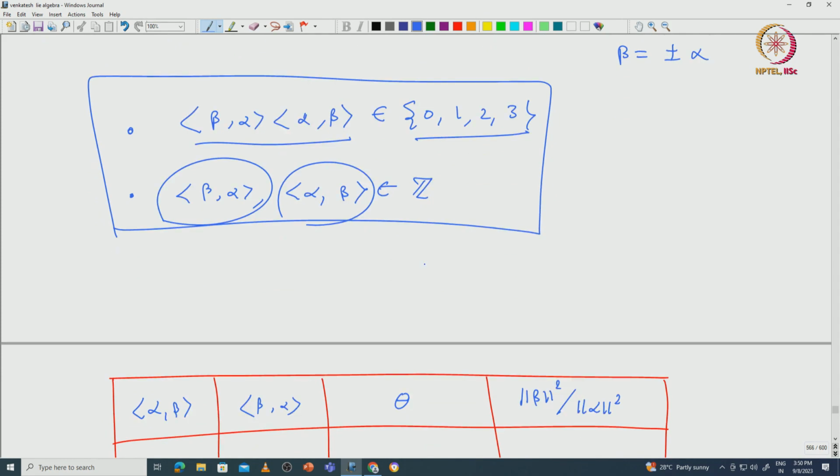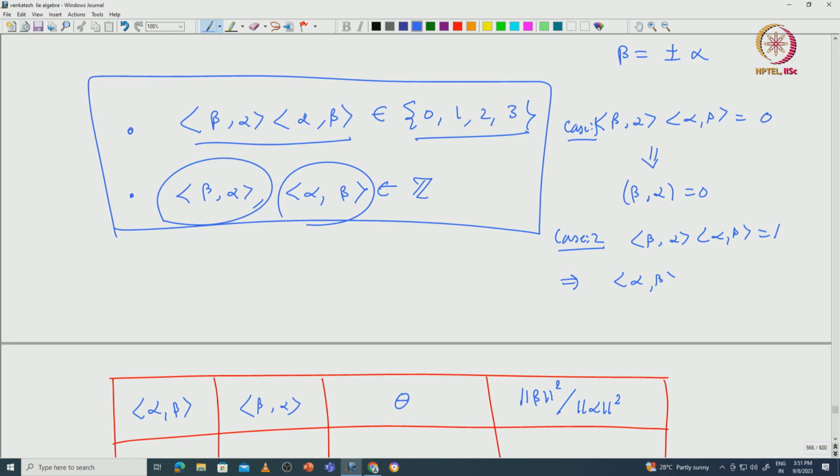Now you can see, for example, if beta alpha times alpha beta is equal to 0, then this forces the inner product beta alpha to be 0. So this is case 1. What will be case 2? If beta alpha times alpha beta is 1, then this forces that the angle alpha beta is either plus or minus 1.